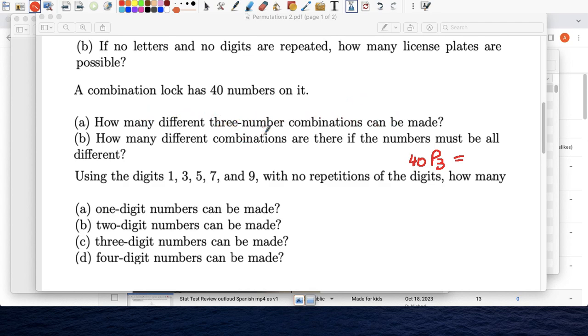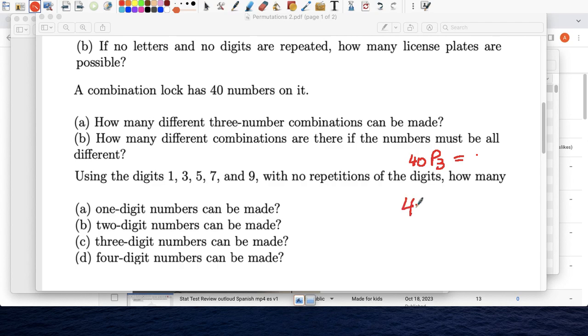I'm reading B, and B says different combinations. That's a permutation, because if the first number is 40, the second number can't be 40 again, right? We're taking an arrangement of 3 at a time from the same group.